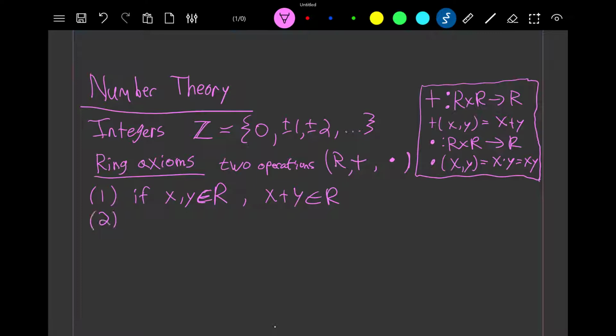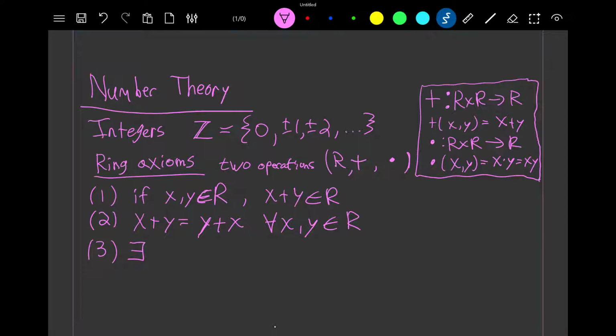What else do we want our ring to satisfy? Let's say if we do x plus y, this is the same as y plus x, and this is for every x and y in R. So this upside down A just means for every. What else do we have? We have that there exists.